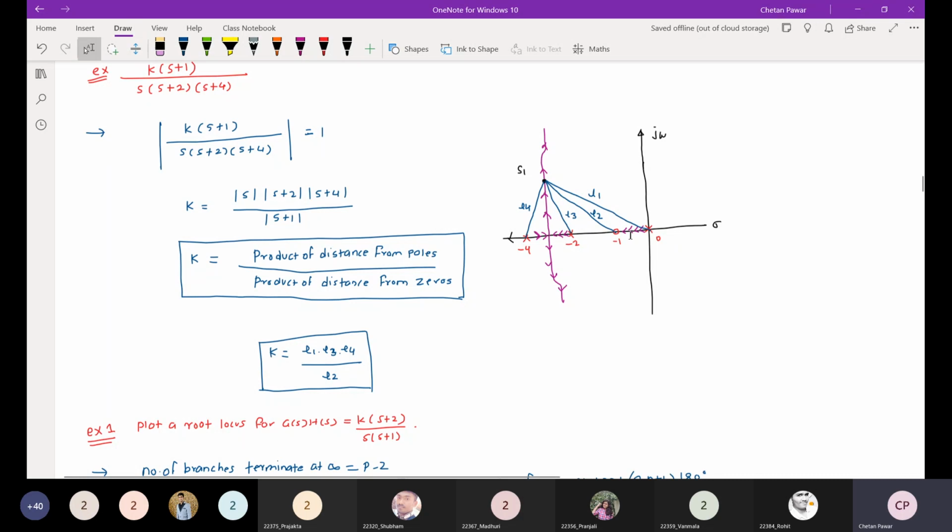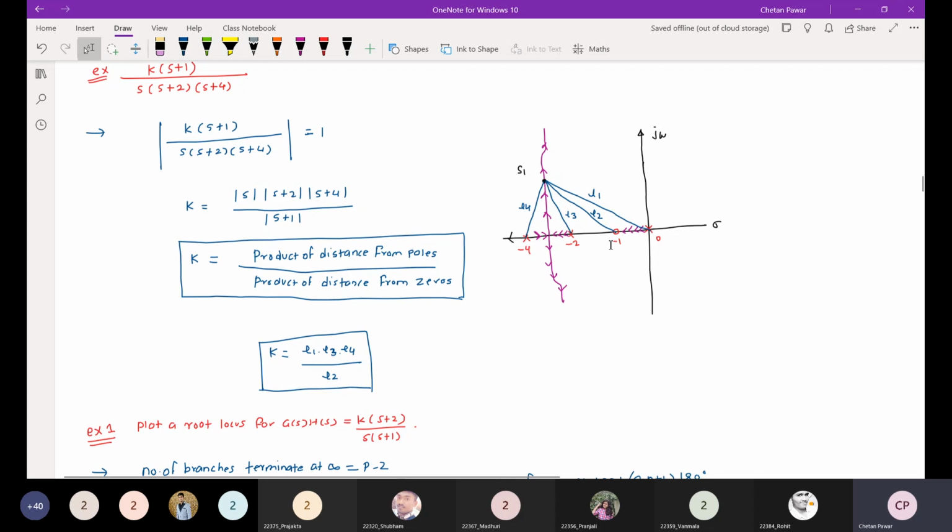Here there is only one zero, at -1, and three poles at 0, -2 and -4, and the distances from s1 to these are L4, L3, L2, L1. To find the gain K at s1, you take the product of distances from the poles, L1 into L3 into L4, divided by L2, the distance from the zero, because only one zero is there. That is also a way to find the value of K.